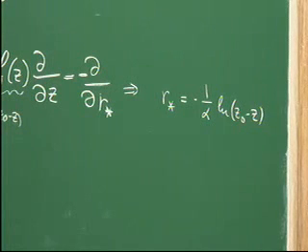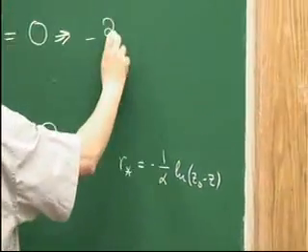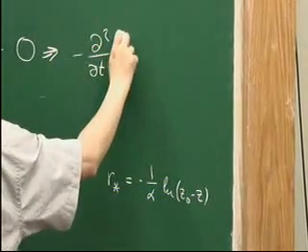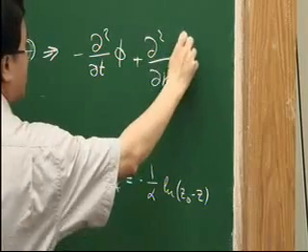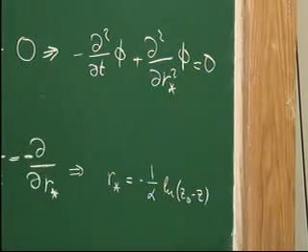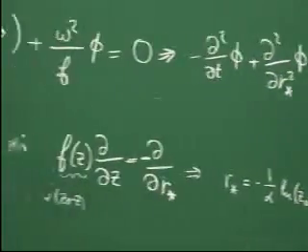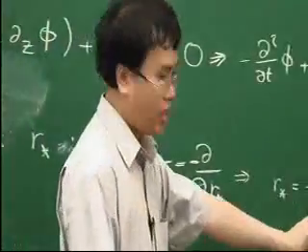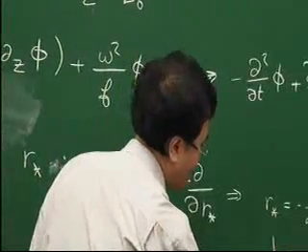And then the equation of motion now becomes a rather simple wave equation, right? So this coordinate r star is introduced so that at the horizon it goes to minus infinity.